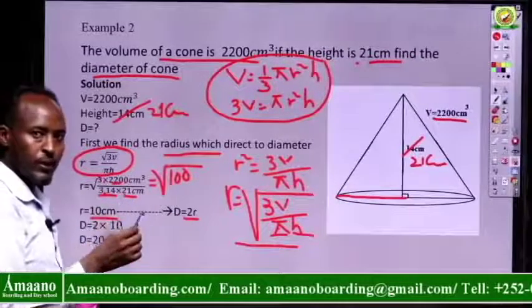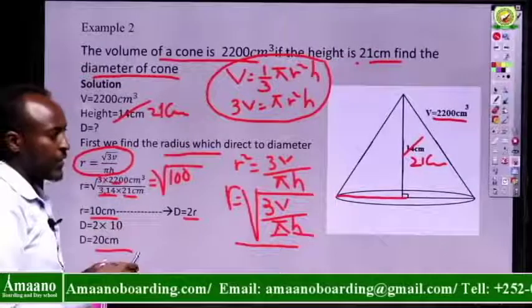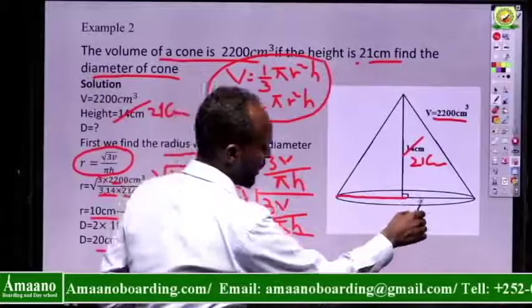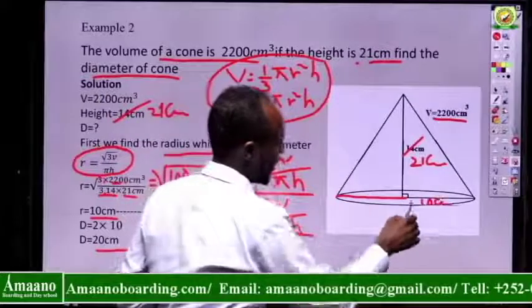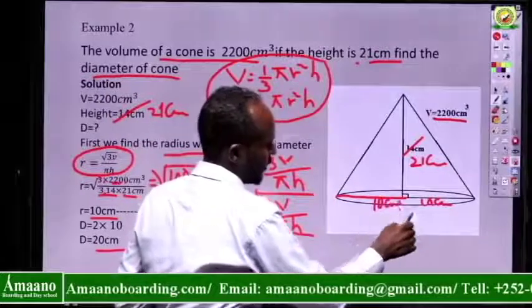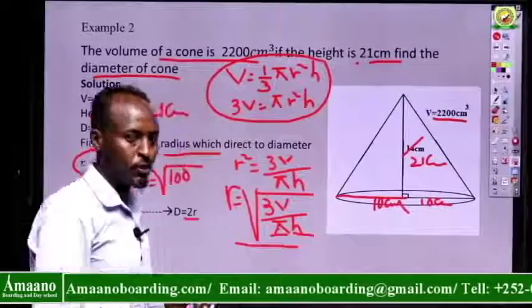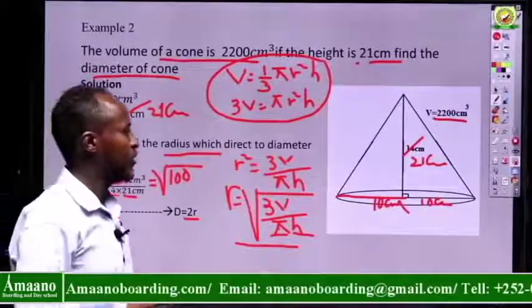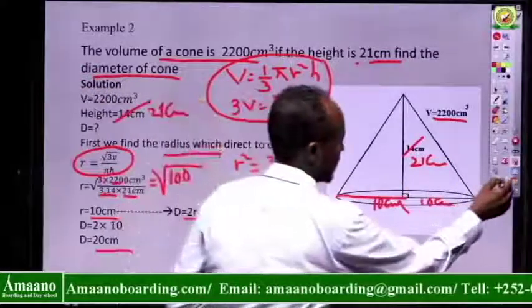Taking the square root of 100, we have 10 centimeters. That is the radius, and we are asked to find the diameter. The radius is 10 centimeters. The other radius is 10 centimeters. Instead of adding, we can multiply by 2. That is 20 centimeters.